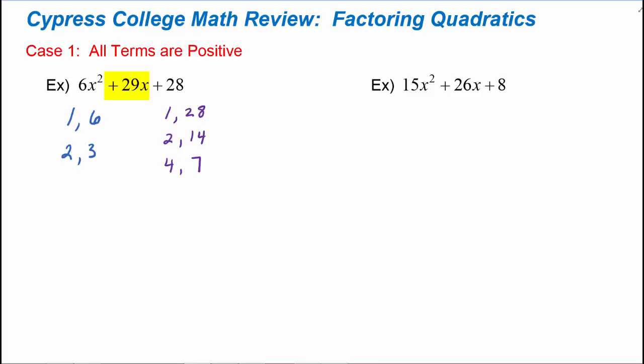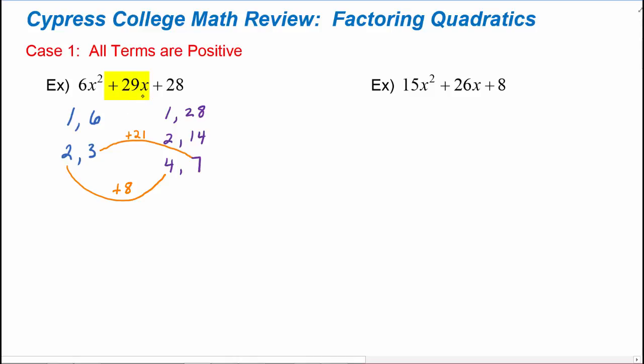And in order to get 29 here, we see one way to make it work, and we can go 3 times 7 because we know that would be 21, and we have 2 times 4 and we know that would be 8, and 21 plus 8 is equal to 29, exactly what we need.